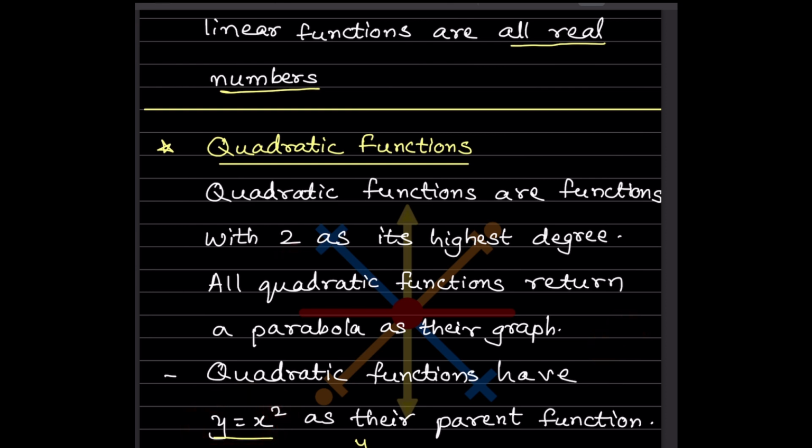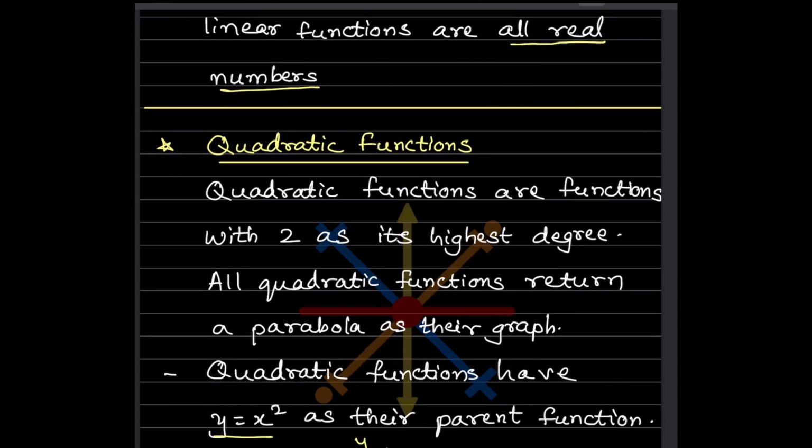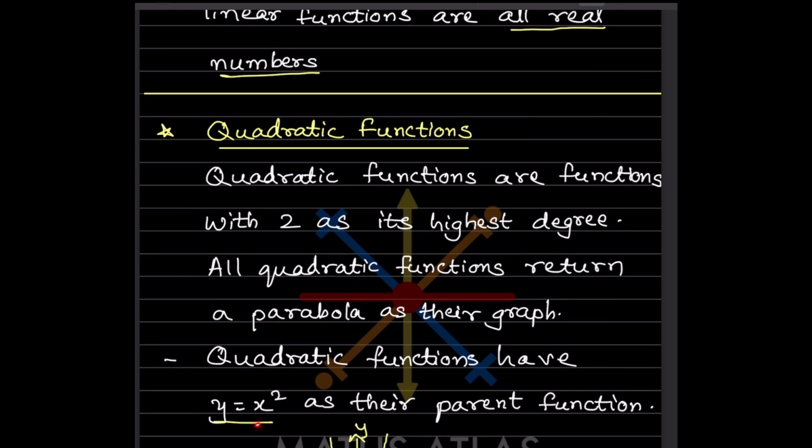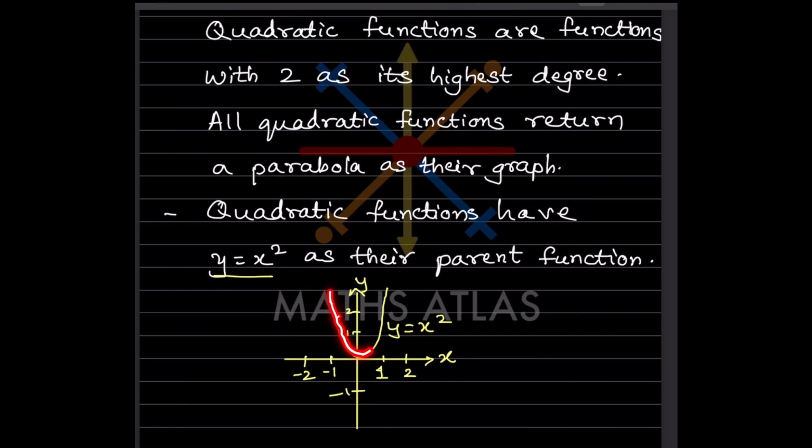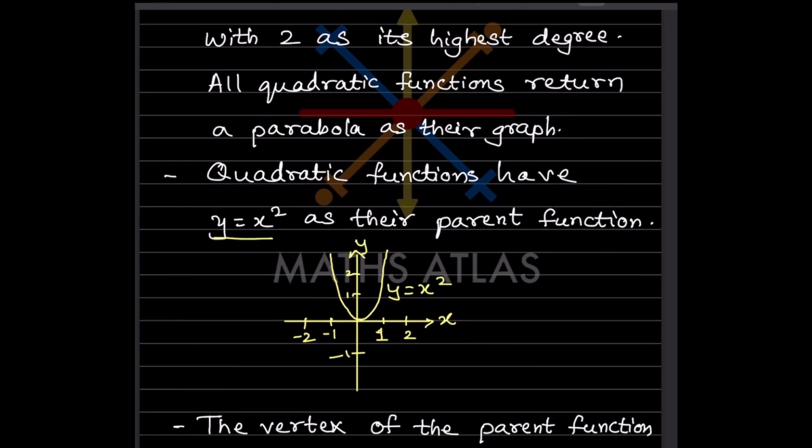The graph of all quadratic functions is called a parabola, and quadratic functions have y is equal to x square as their parent function. So whenever you have a parabola like this, that means it is a quadratic function. It will always pass through the origin.